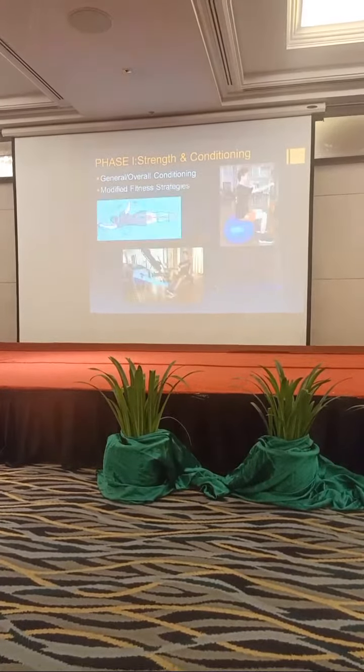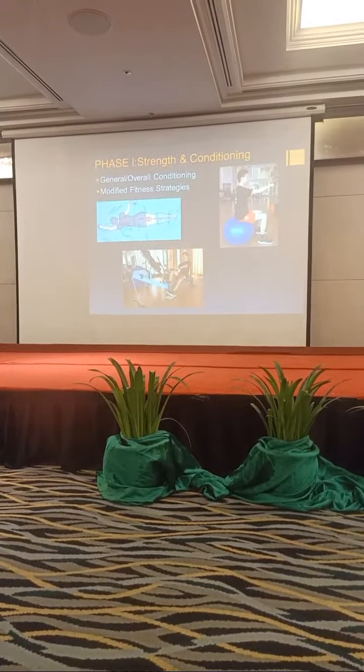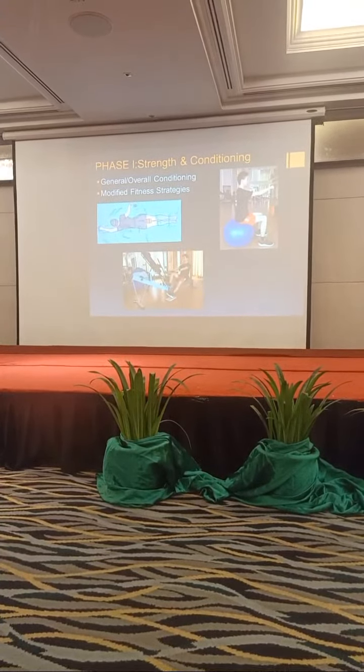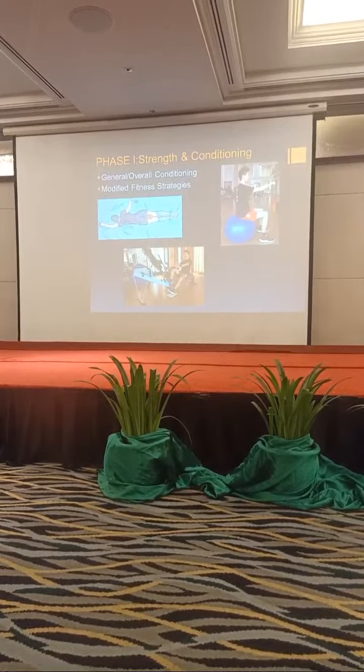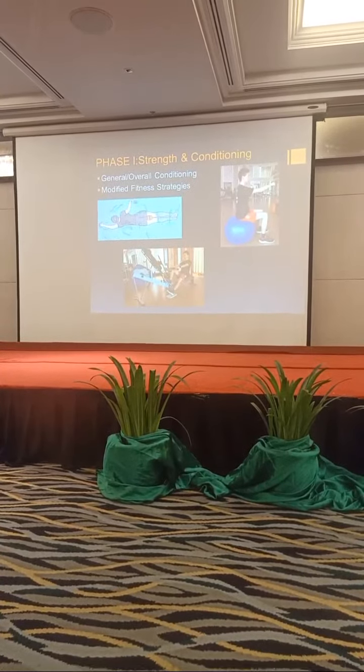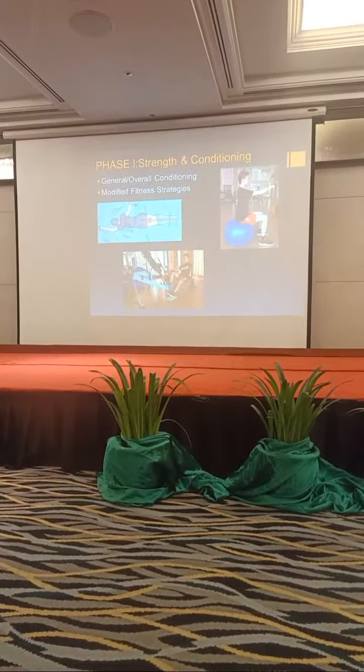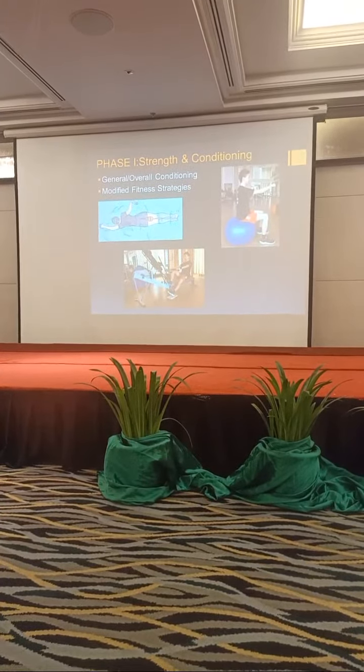You can start there. You need to give your patient a lot of, they decondition really fast in this phase. So find modified techniques to actually keep them strong and keep them moving all about. Yeah, especially if they're an athlete, you do not want them to lose their conditioning, right? So really push them, go ahead and push them.